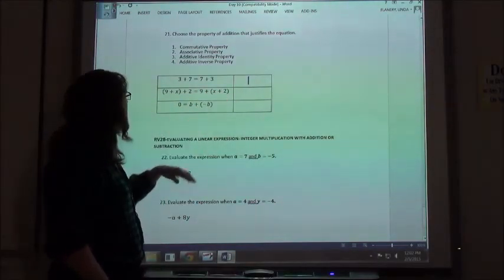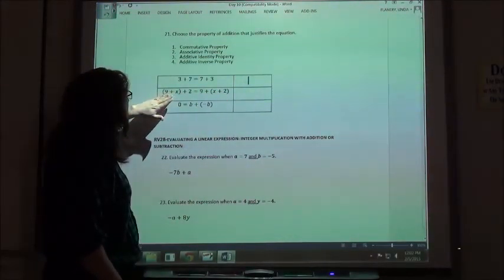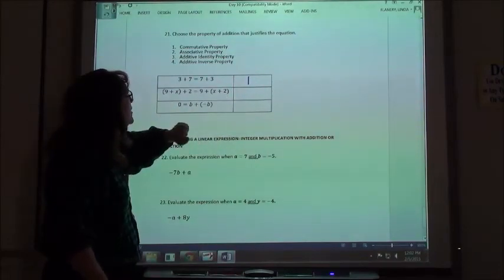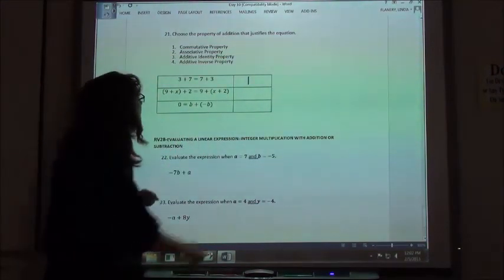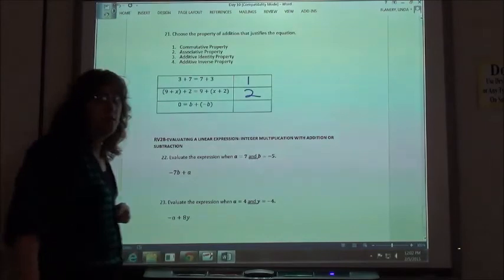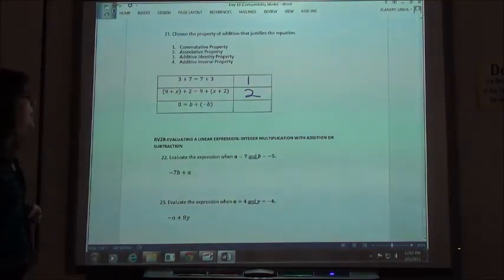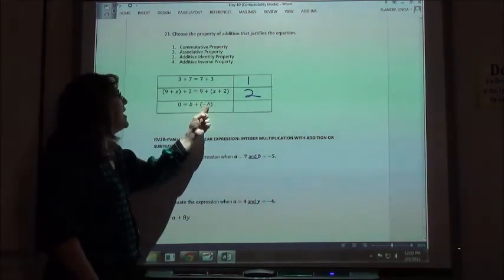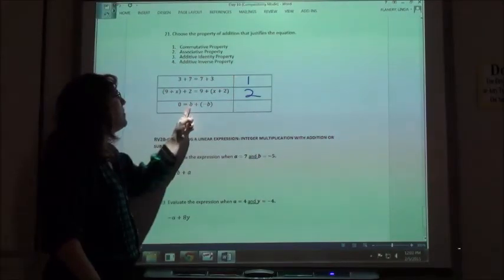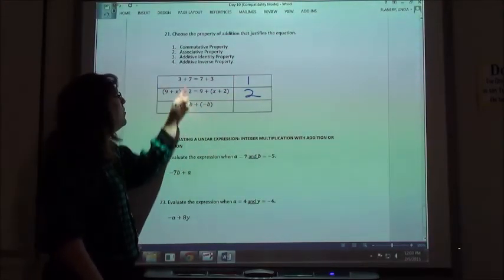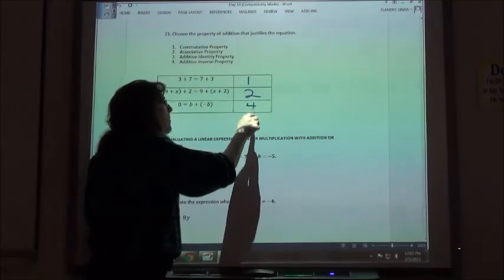My order's the same. Here the parentheses are on the 9 plus x. Here it's around the x plus 2. I've changed what's in my parentheses. That's my associative property. Here I'm taking a b plus a negative b. I'm getting 0. I'm adding opposites, which is my additive inverse property.